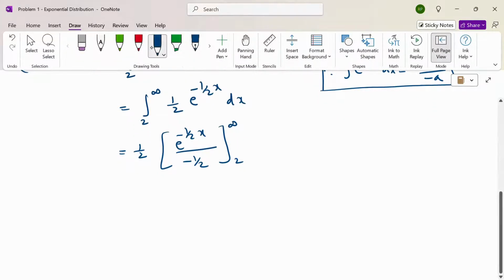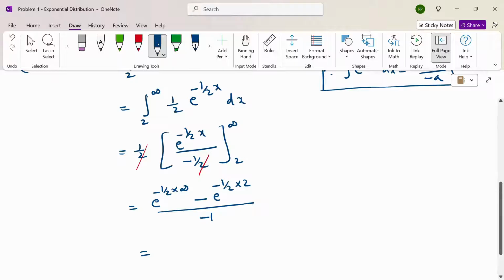Now cancel this 1 by 2 with 1 by 2. Substitute the upper limit, e power minus 1 by 2 into infinity, minus e power minus 1 by 2 into 2. Upper limit minus lower limit, divided by minus 1.